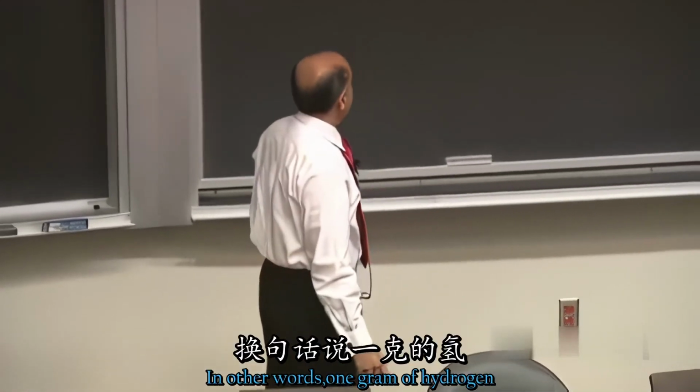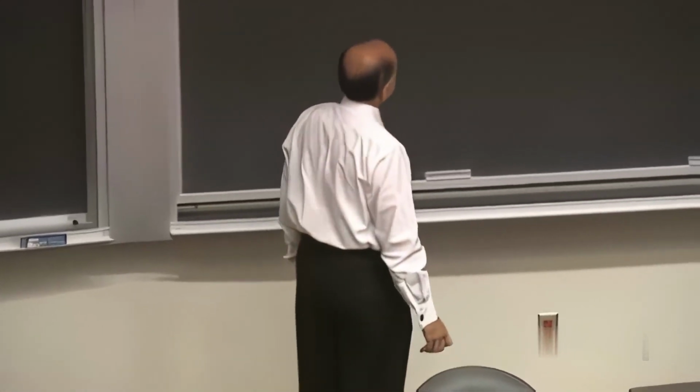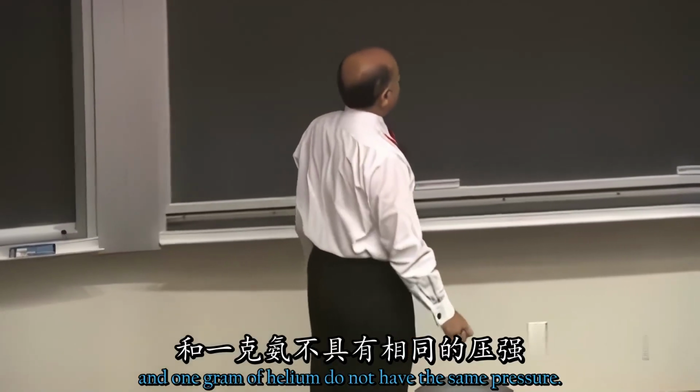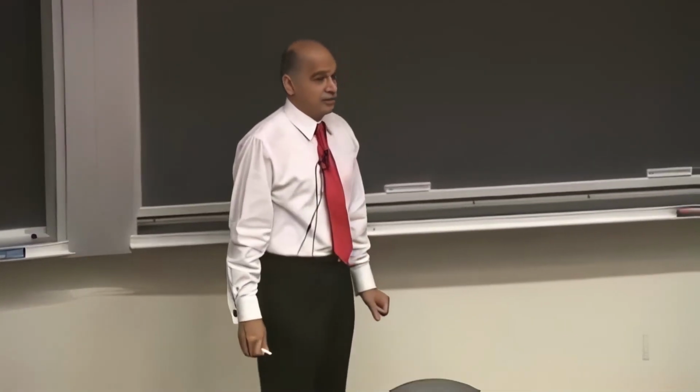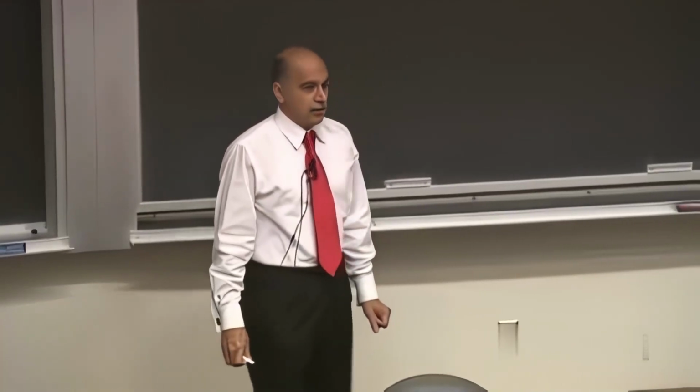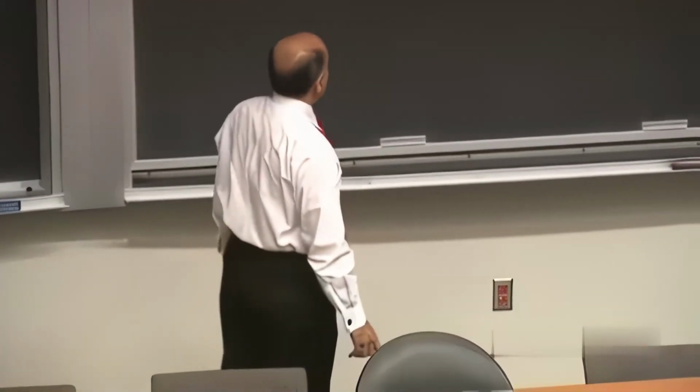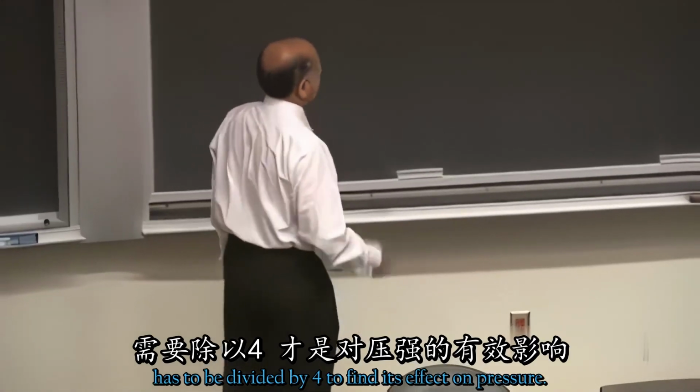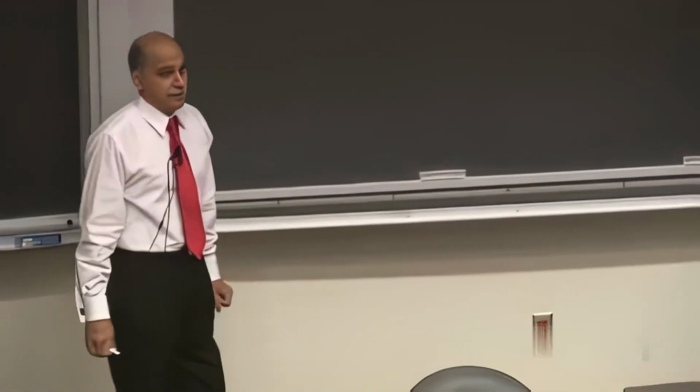In other words, 1 gram of hydrogen and 1 gram of helium do not have the same pressure. In fact, 1 gram of helium has to be divided by 4 to find its effect on pressure.